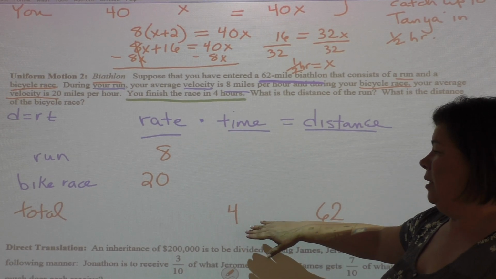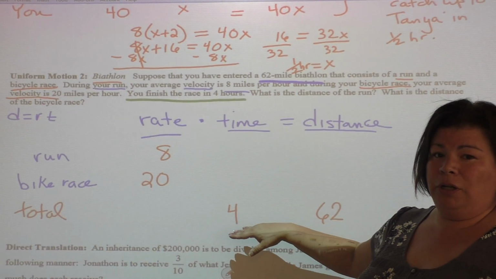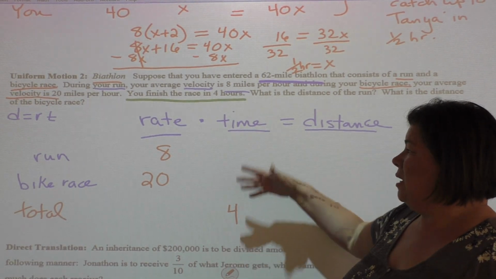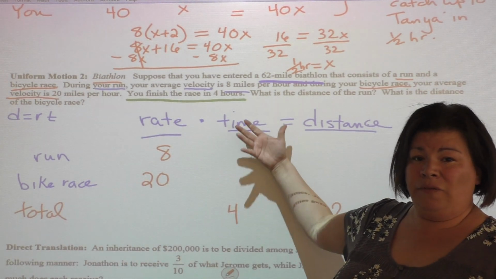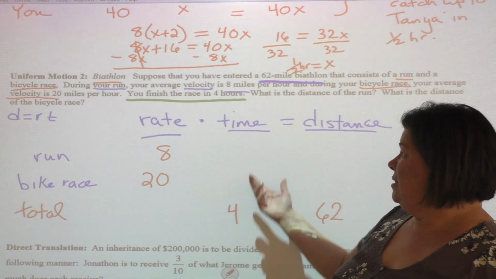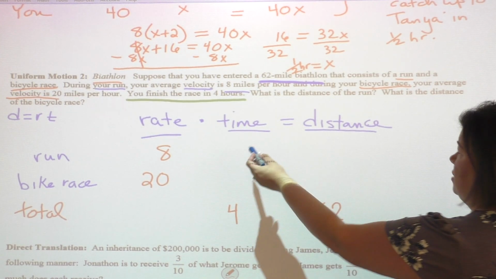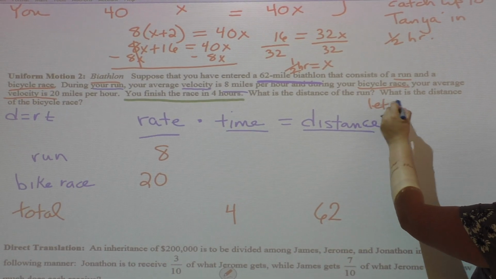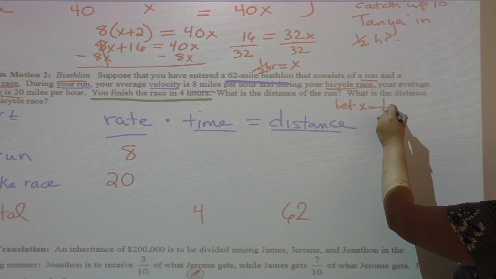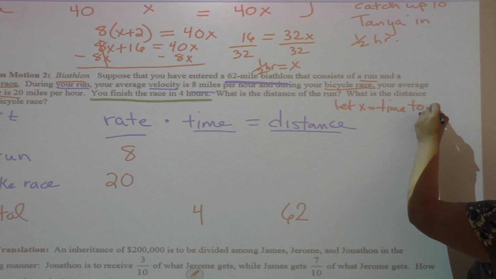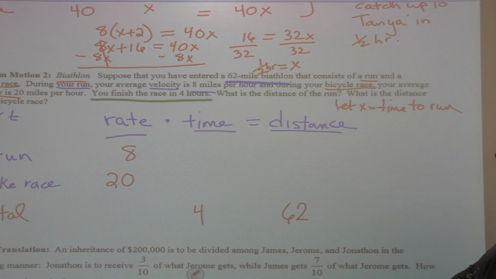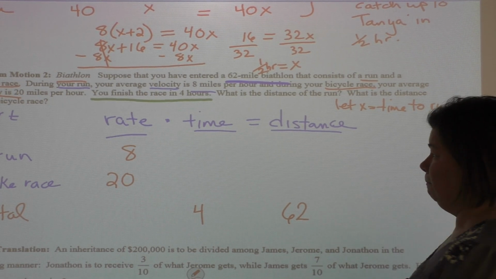That means if it took 4 hours total to run both races, I can go ahead and define my variable x as the time that it took to run the race. So we could let x equal time to run. How long did it take me to run?